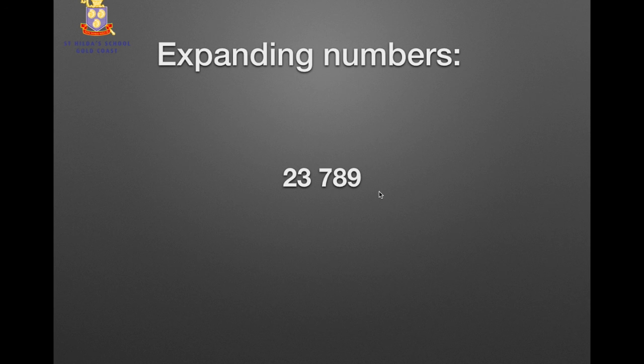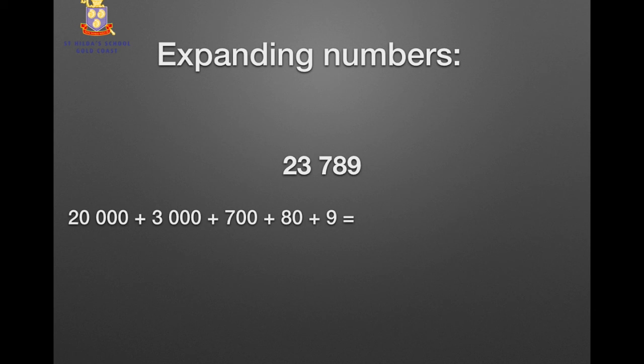I'm going to show you 3 different ways to expand a number. Here's the first one. This number, 23,789, is expanded by looking at the value of each of these individual digits.